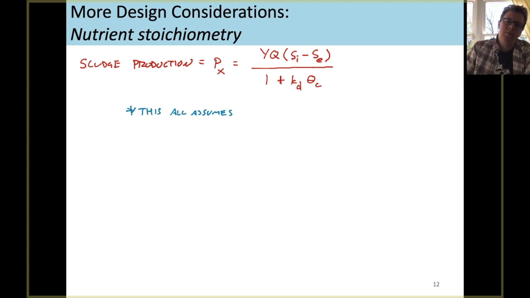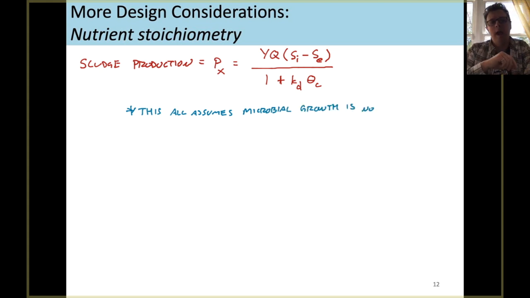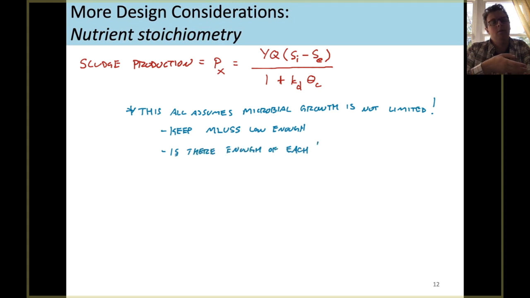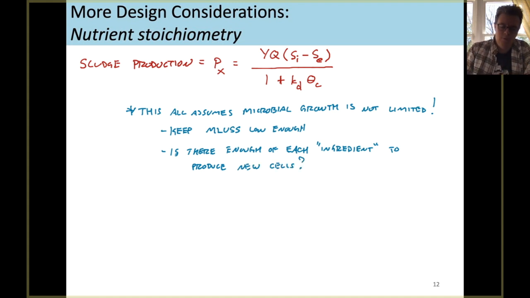But we should double check that we have the sufficient ingredients, if you will, or the nutrients that we require in order to allow the microbial biomass to grow. So we need to basically check that we can create biogeochemical conditions that will let our biomass continue to thrive.